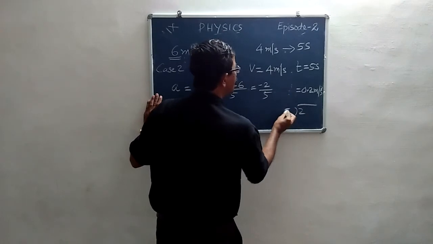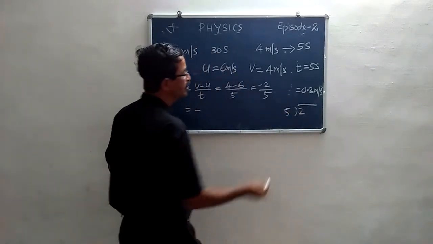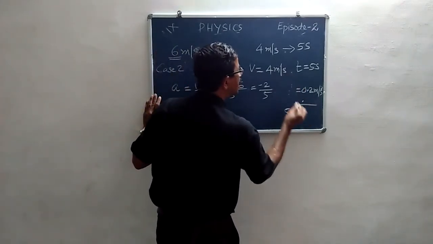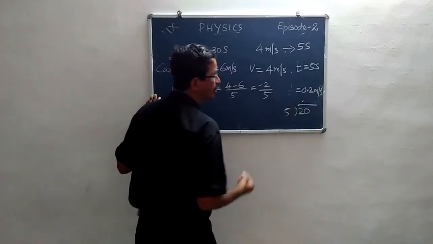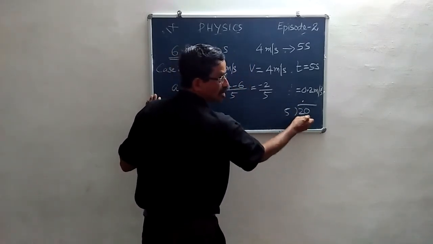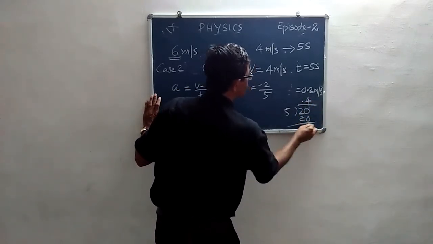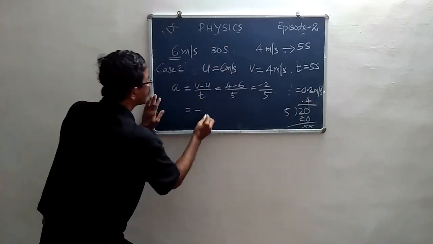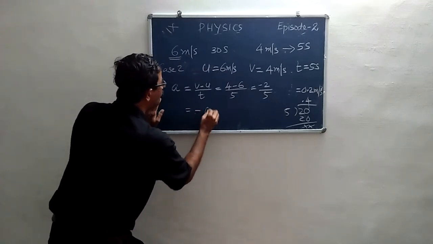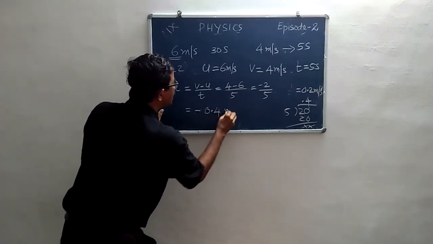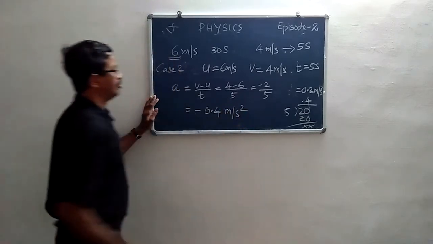Can we take 5 from 2 directly? No, it is not possible. So we put a decimal point and take 20. In 20, how many times? 4 times. So its answer is minus 0.4 meters per second square.